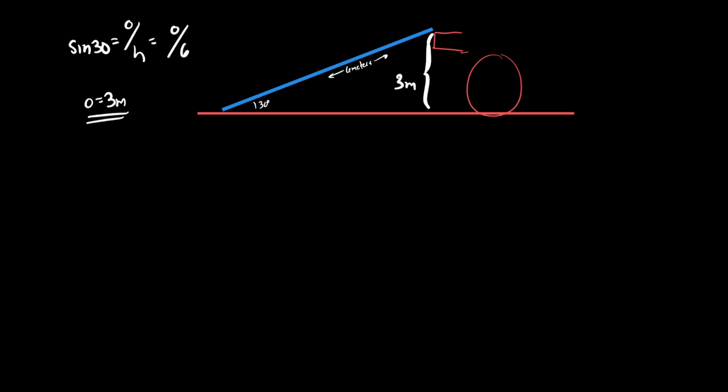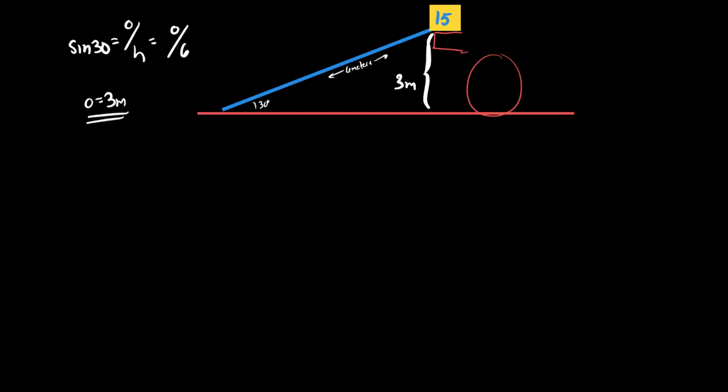Let's move on. Question number B, how much work is done lifting a 15-kilogram box onto the back of the truck? The work done in lifting a 15-kilogram box onto the back of the truck would be the same as the amount of gravitational potential energy that box would have once it made it to the back of the truck.